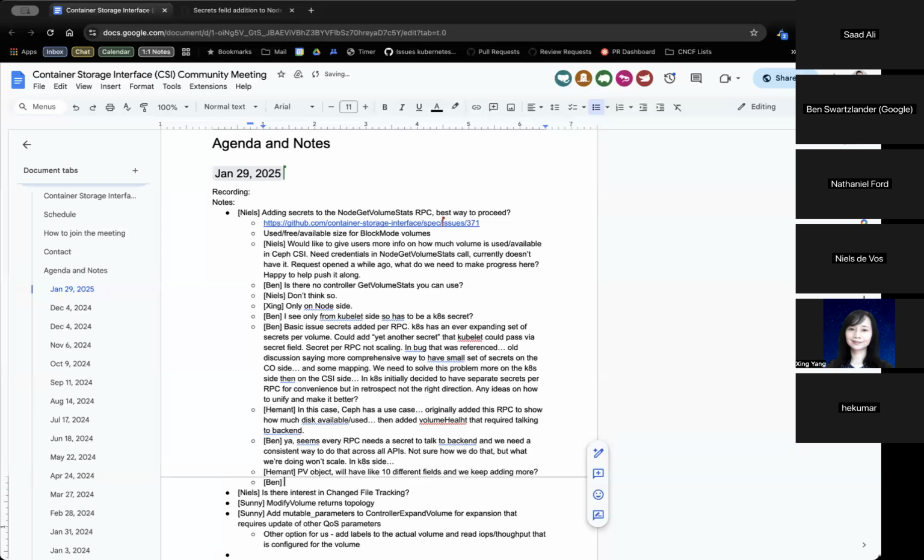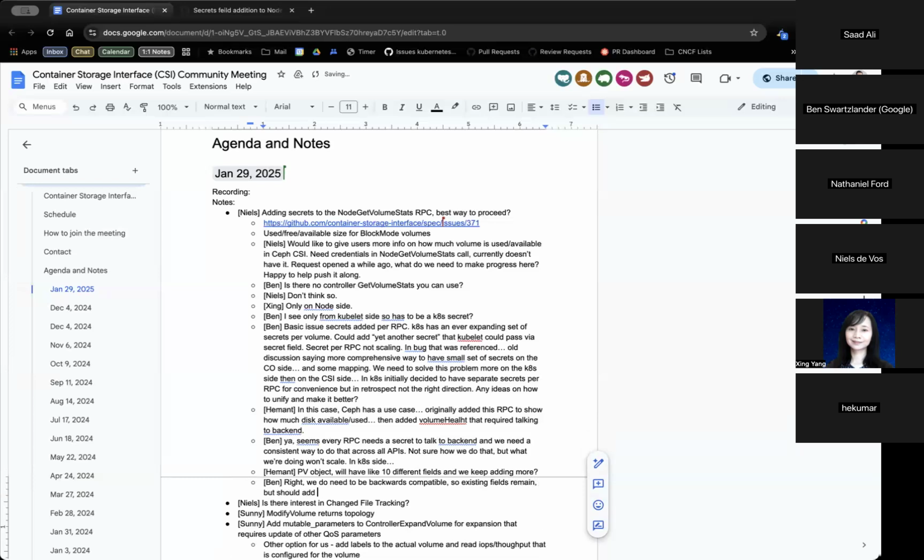And the problem I point out in the bug is that it's not as simple as just having the secret for the volume, because it is the case that some drivers do require different secrets for different purposes. The case I pointed out was some volumes have an administrative secret, which is required to talk to the backend and perform operations in the backend, and a second encryption secret, which is user controlled and used to perform encryption.